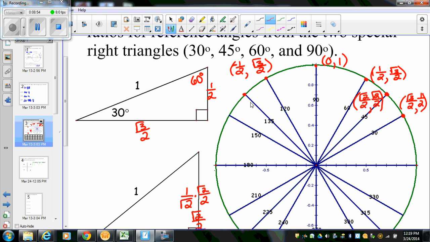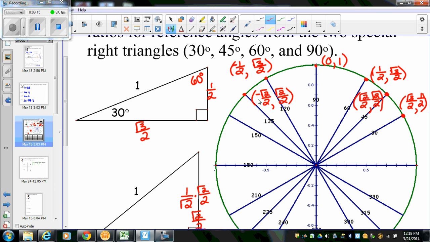Then for 135 degrees, that angle has a reference angle that matches up over here with 45 degrees. So it would be negative square root of 2 over 2, positive square root of 2 over 2. Because I'm still in the second quadrant, so I have to use that negative x-coordinate.